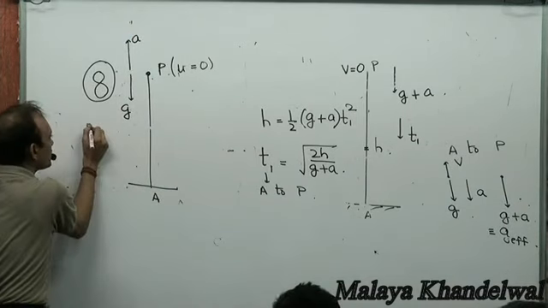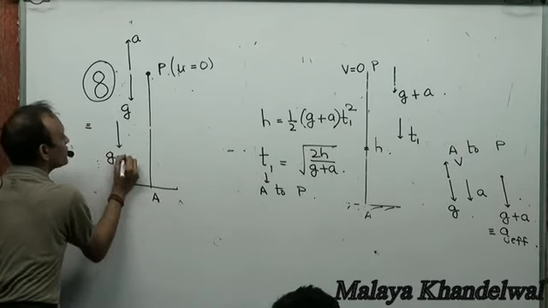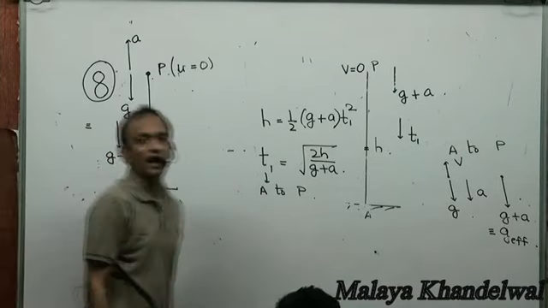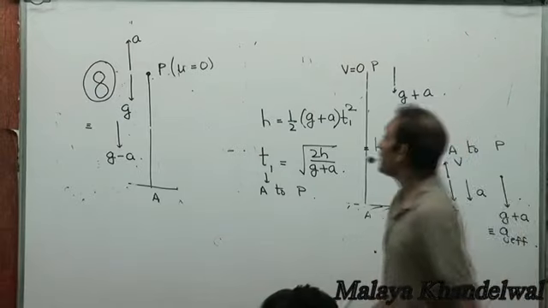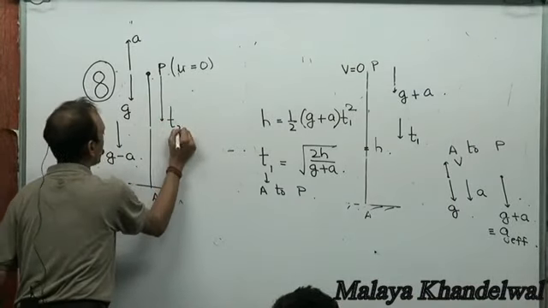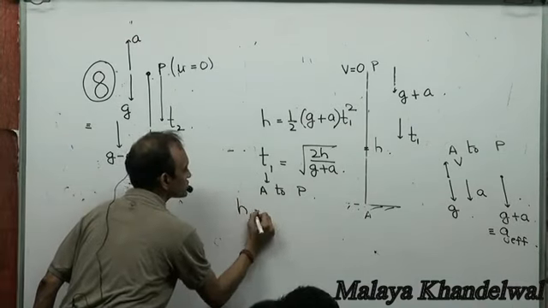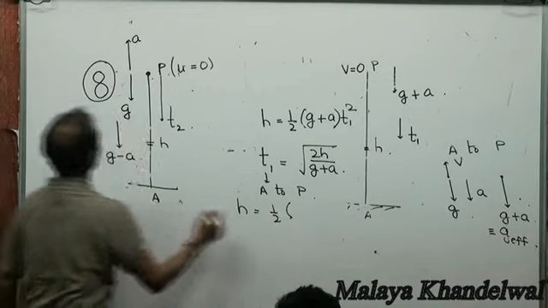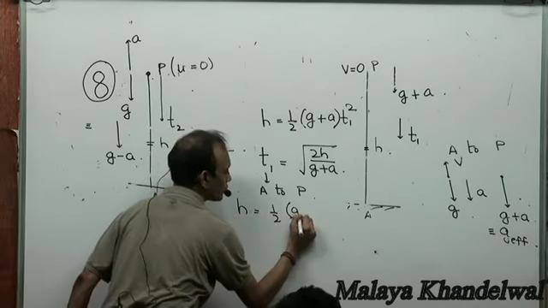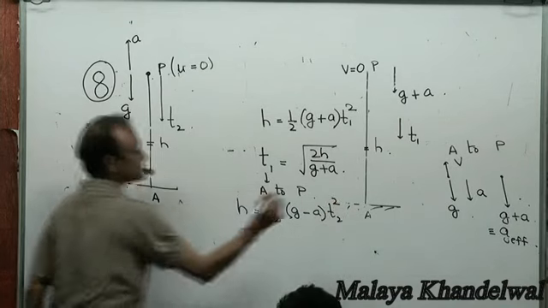So this is equivalent to having g minus A downwards, yes or no? Right? And suppose it took t2 seconds to cover this journey, then this is h units, then can I not say h is half of g minus A into t2 squared? Can I say all of this?